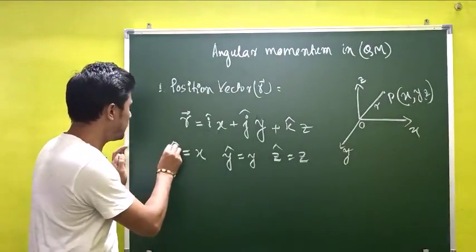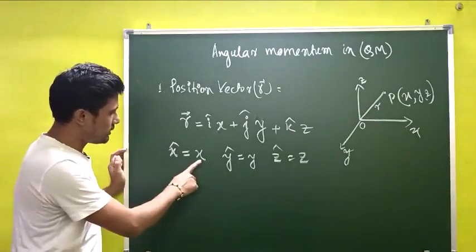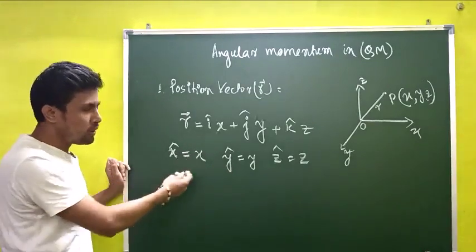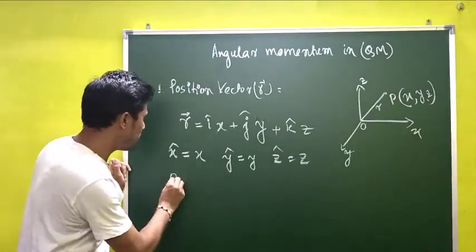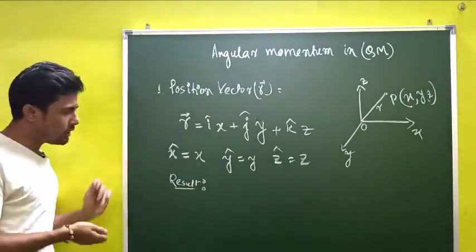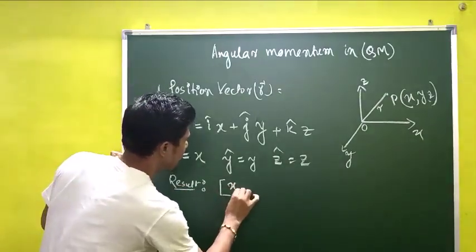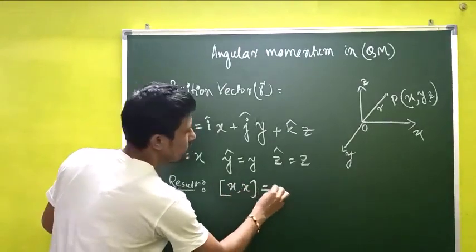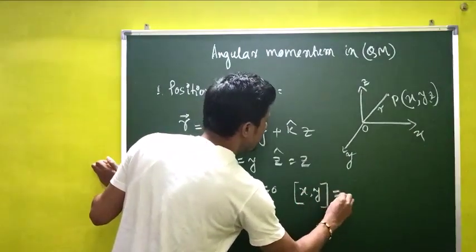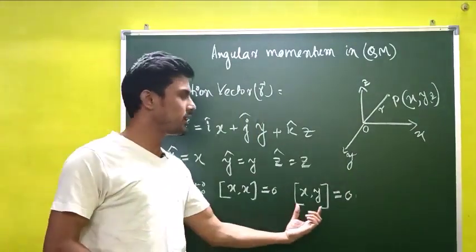There is a commutator result for the position vector: x, y, and z commute with each other and with themselves. We can write the commutator of x and x is equal to 0, and the commutator of x and y is also equal to 0. You should remember this, as questions may be asked directly from these points.